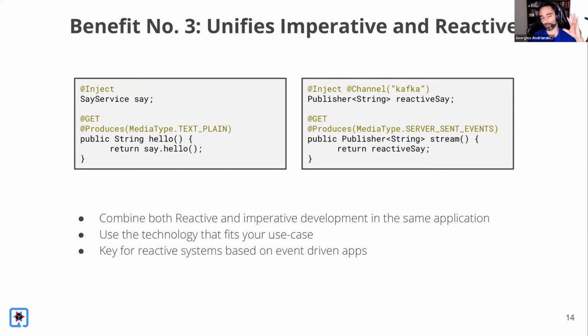So this is a very big benefit, right? You get the runtime benefits of having everything reactive, but you as a developer get to choose whether you want to use reactive or not in your applications, because obviously it comes with a non-trivial complexity.